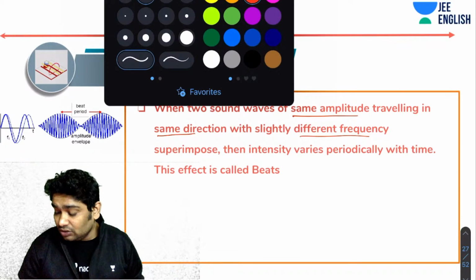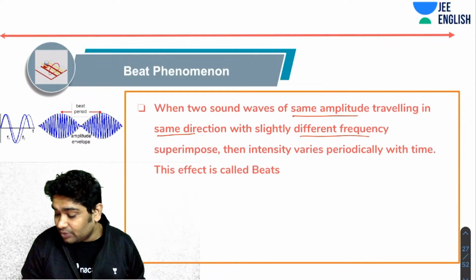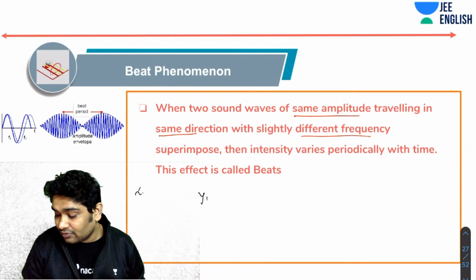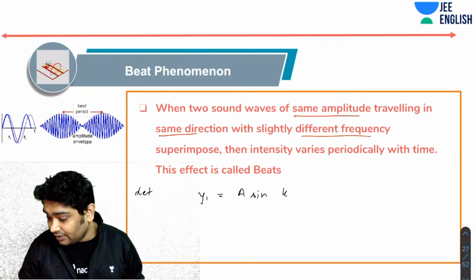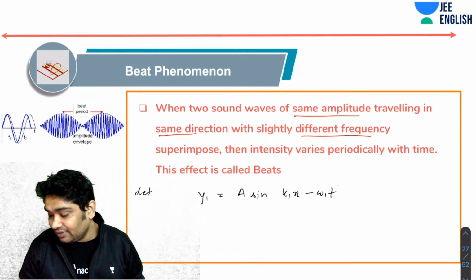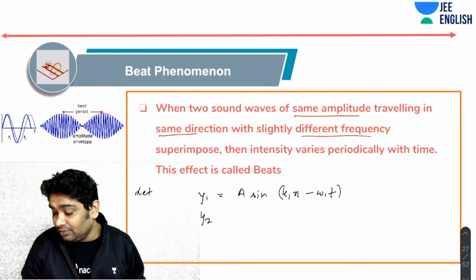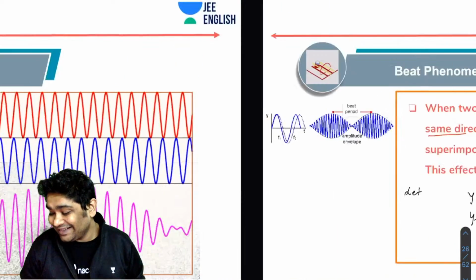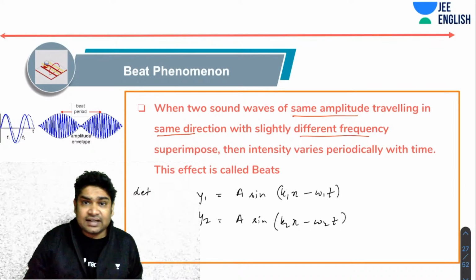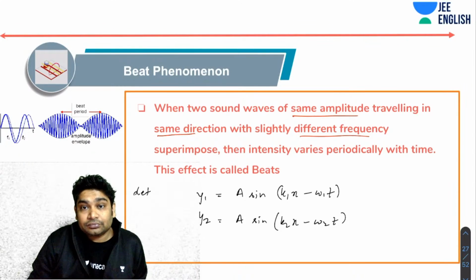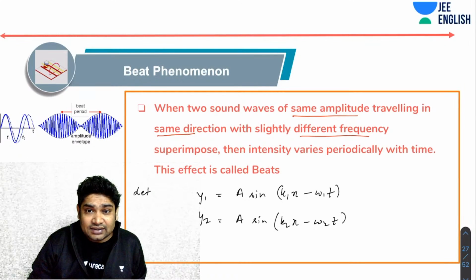Let the wave equations be y1 equals a sine of (k1x minus omega1 t), and y2 equals a sine of (k2x minus omega2 t). Let's assume the wave equations are like this.